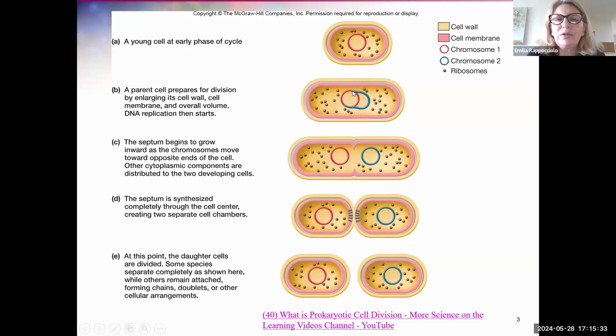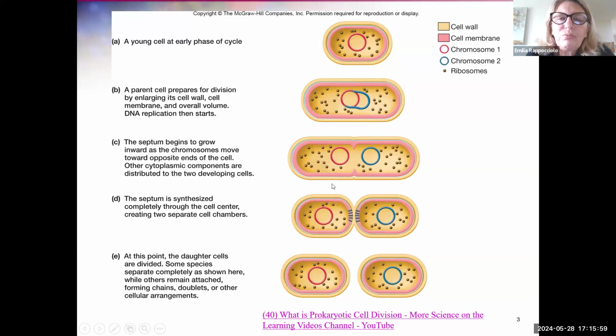So you had one chromosome, now you make a copy of that chromosome, you have 2, and then you have this separation, this pushing of the chromosome on different areas of the cell, and this is done using a cytoskeletal molecule like the FtsZ molecule that we mentioned when we did our first lecture.